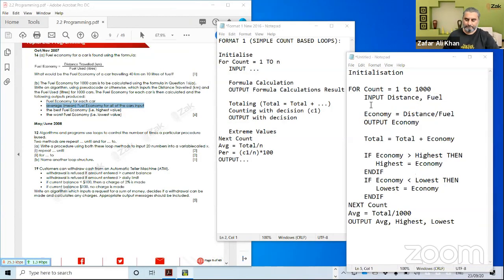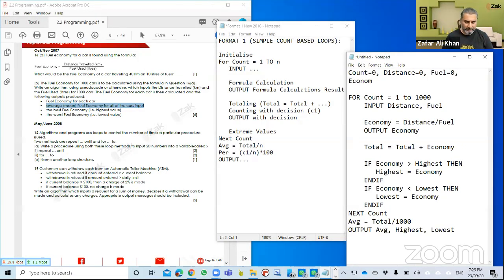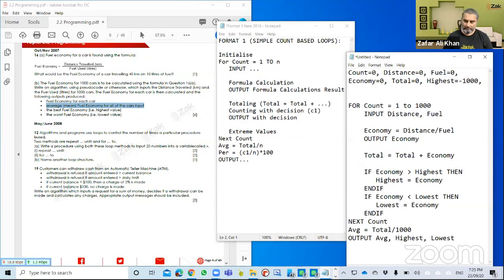Okay, so now we will initialize. count is equal to 0, distance is equal to 0, fuel is equal to 0, economy is equal to 0, total is equal to 0, highest is equal to minus 1000, lowest is equal to 1000, average is equal to 0.